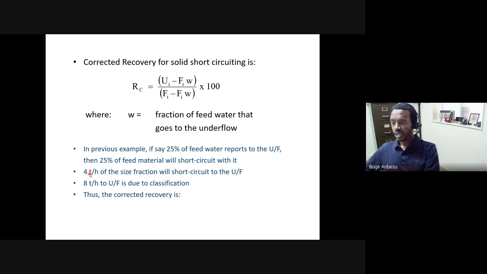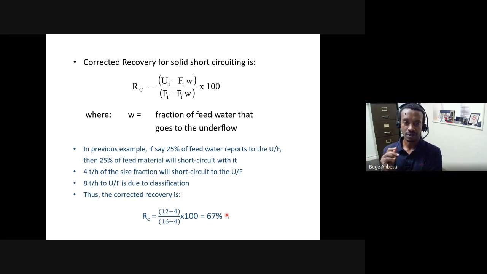So in this case, about 8 tons per hour of that size fraction was collected because of classification, but about 25%, or about 4 tons per hour, was actually carried with water. And therefore, if I wanted to know the result of a true classification, that's only about 67%.